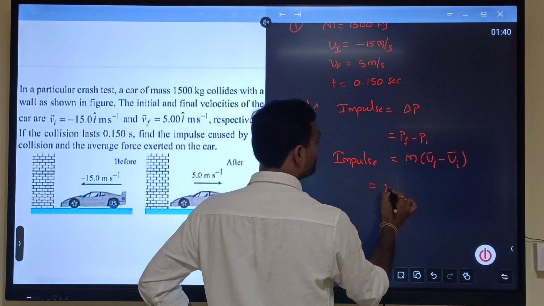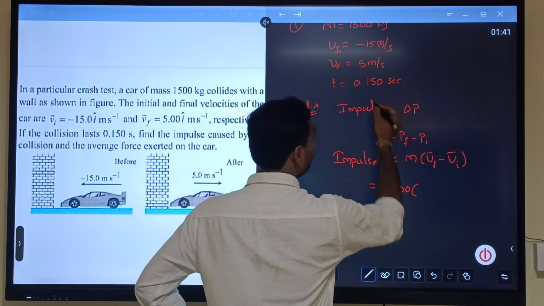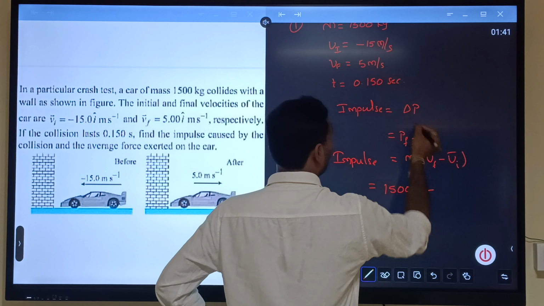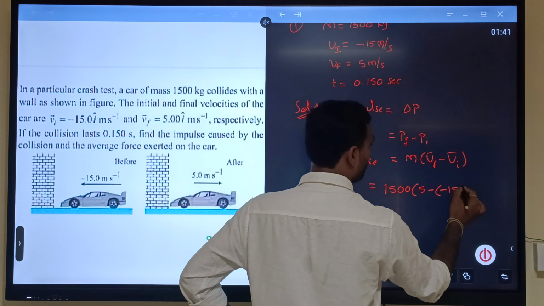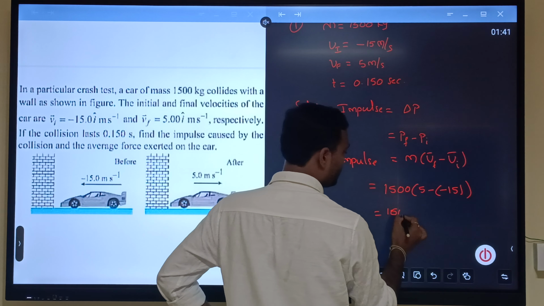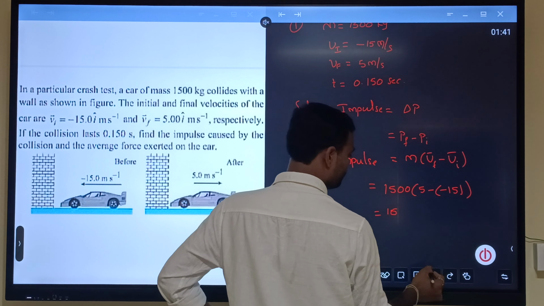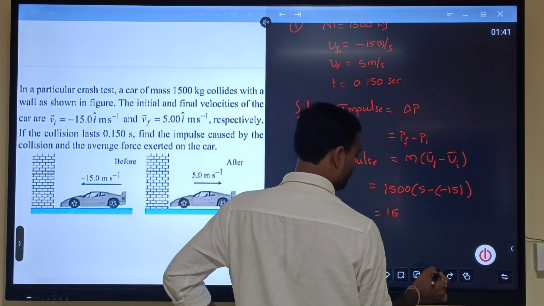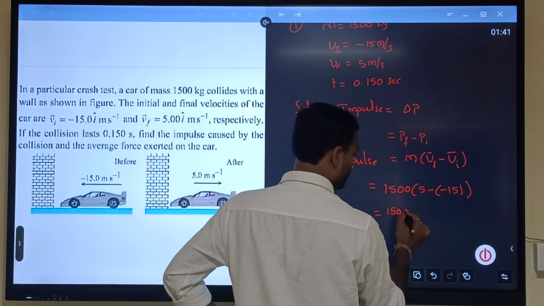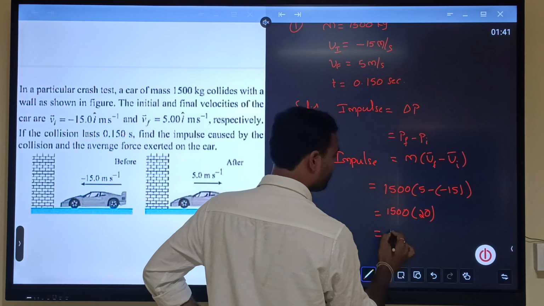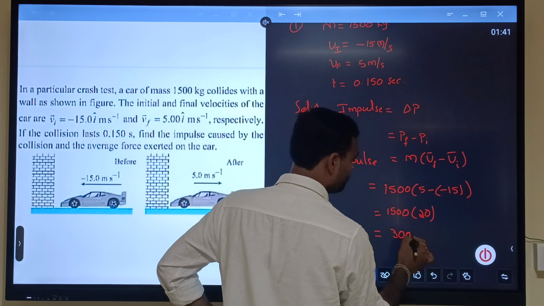M is equal to 1500, Vf is equal to 5, minus Vi, which is minus 15. So 1500 into 20, which is equal to 30,000.